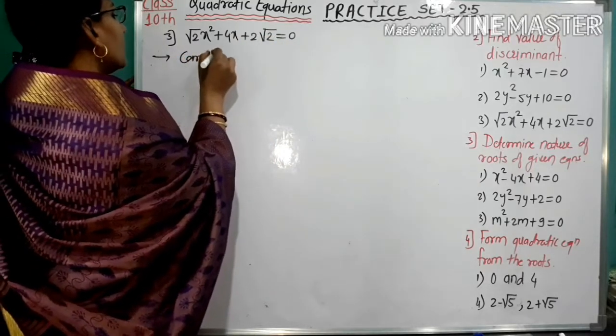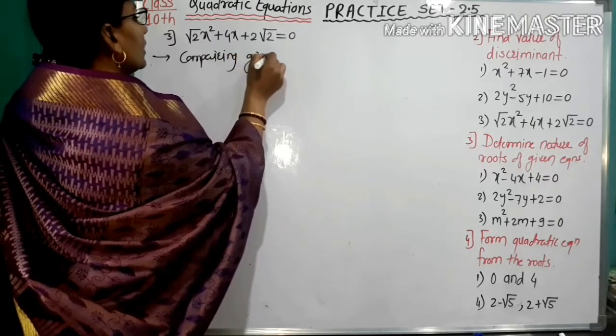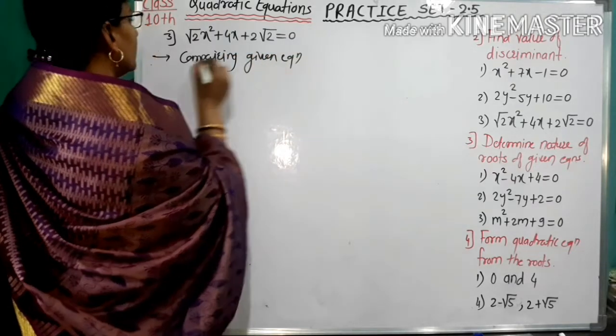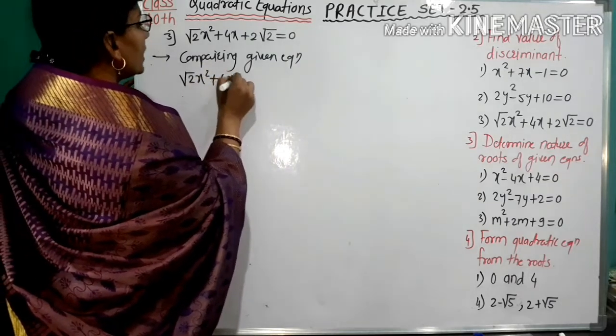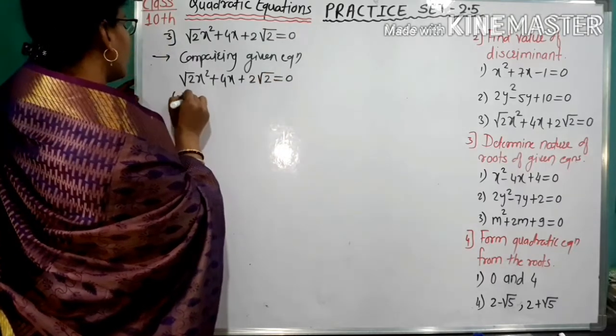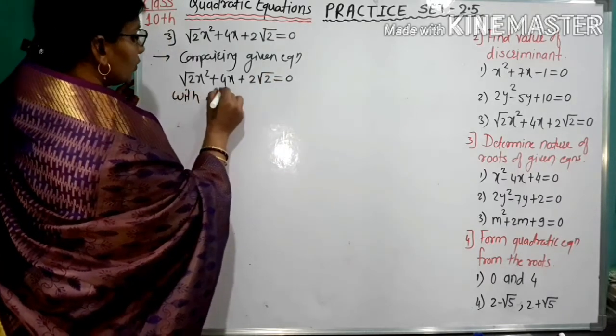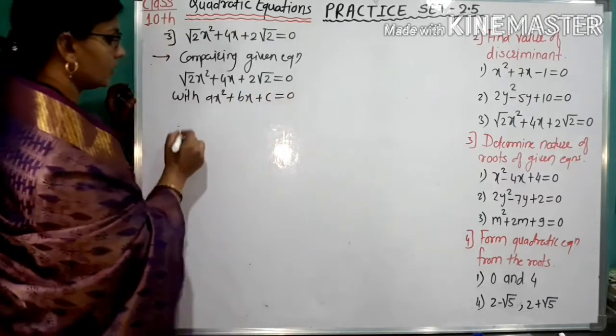Comparing given equation, root 2 x square plus 4x plus 2 root 2 equal to 0 with ax square plus bx plus c equal to 0.